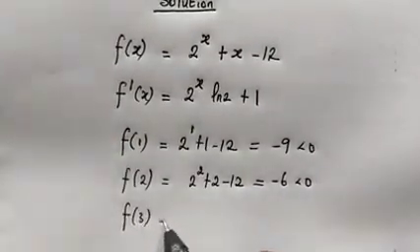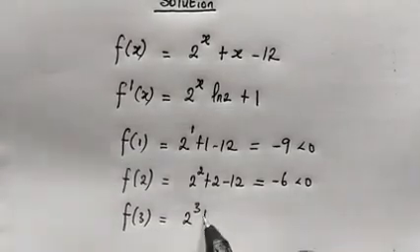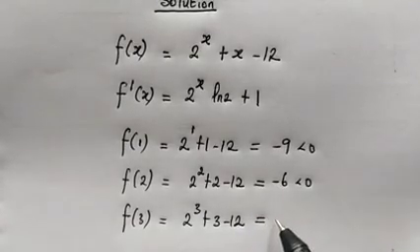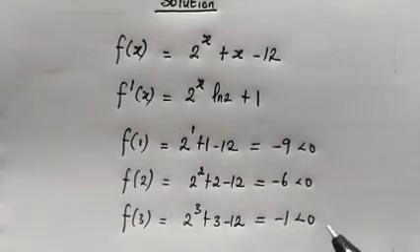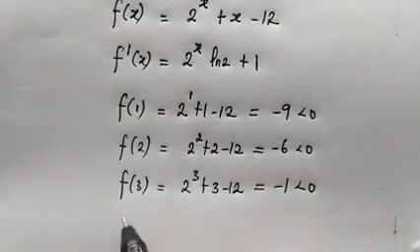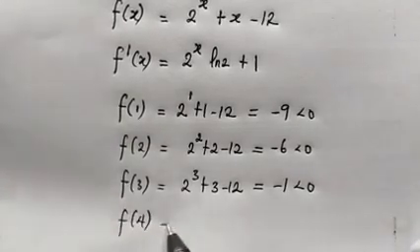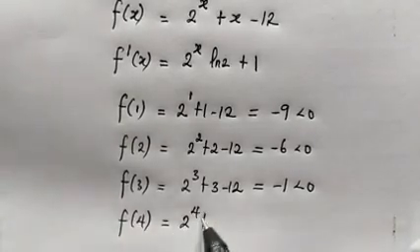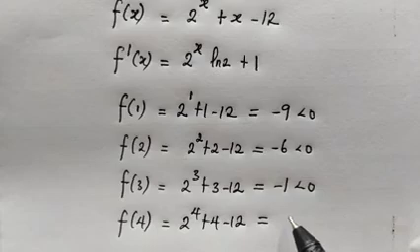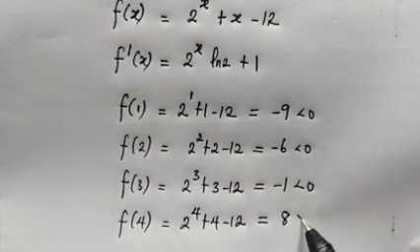F of 3 is equal to 2 to the power of 3 plus 3 minus 12, giving us negative 1, which is less than 0. So this is close to our answer, right? Here, let us compute f of 4, which is equal to 2 to the power of 4 plus 4 minus 12. So this is equal to 8, which is greater than 0.